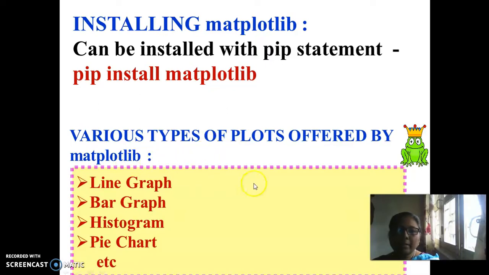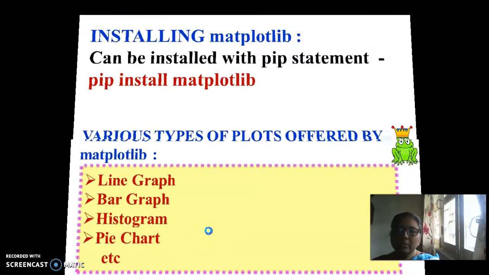After that, let us see how many types of plots are offered by matplotlib. In Python, we can draw line graph, bar graph, histogram, pie charts, scatter charts, etc.